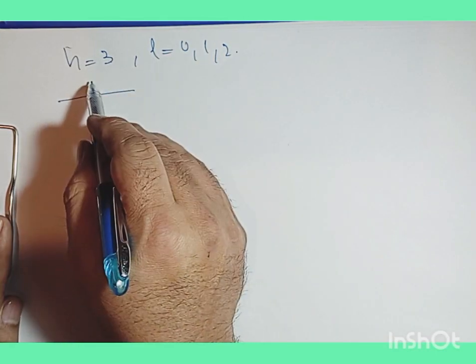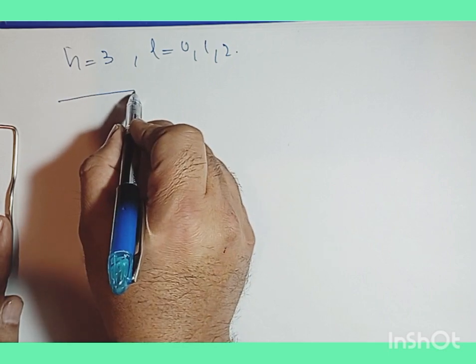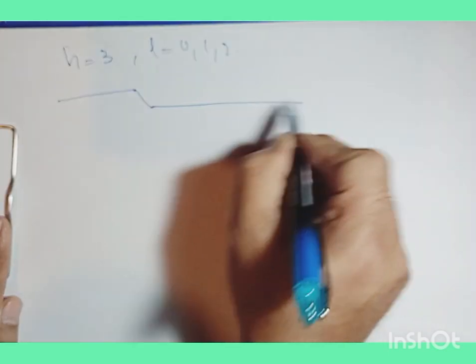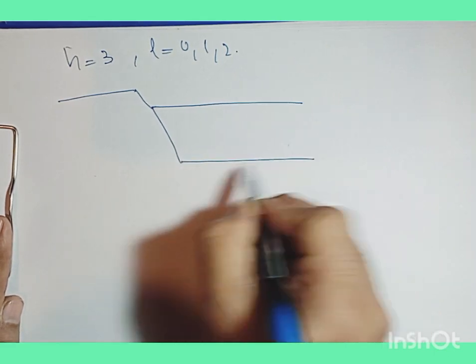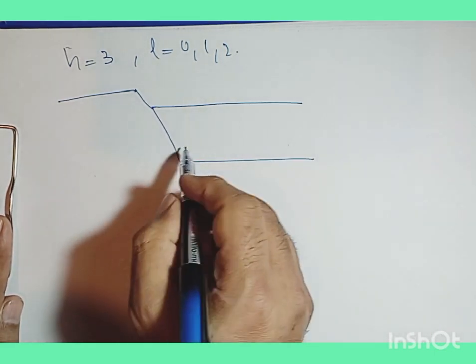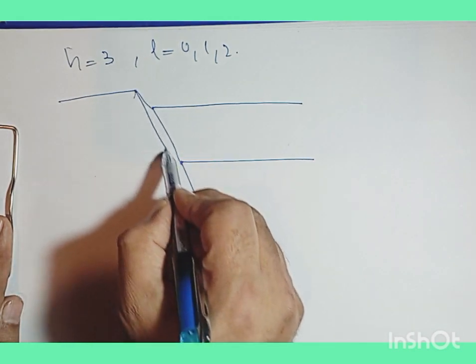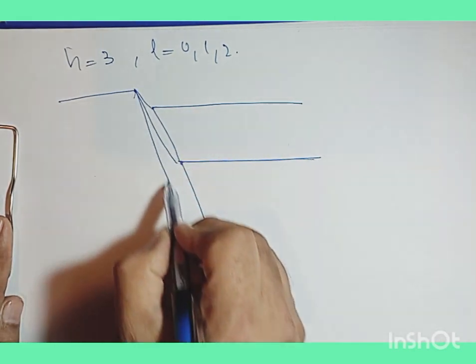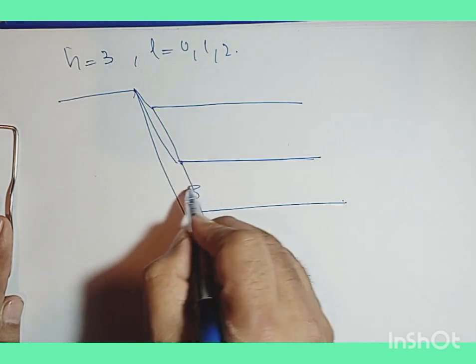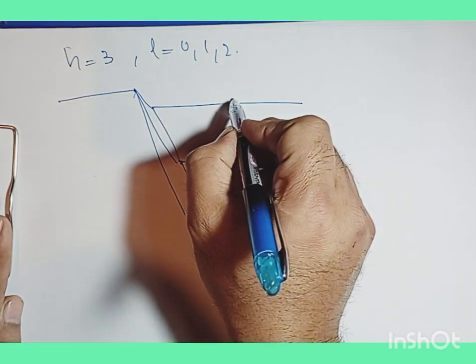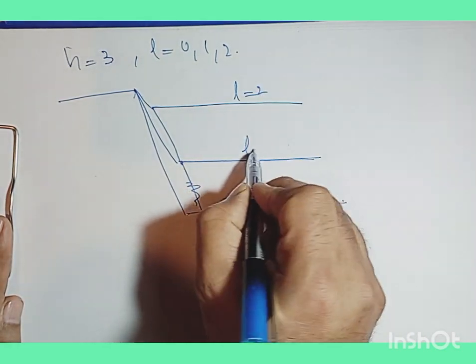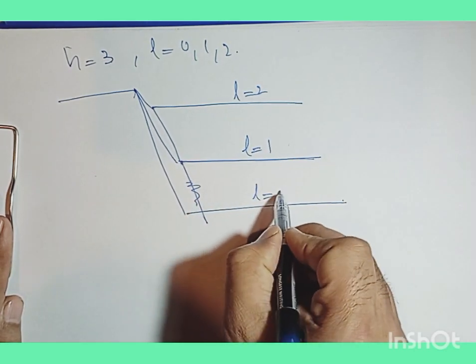L has to be less than n, and so we will have a state here, and we will have another state here. Okay, I should have taken it separately. Let me take another state, and let me take another state. All right. Now this is my L is equal to 2 state, this is my L is equal to 1 state, and this is my L is equal to 0 state.